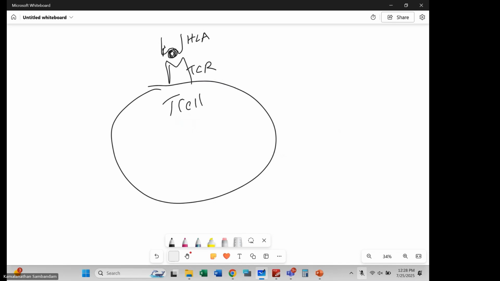I make a decision now as a T cell based on whether or not there is co-stimulation, okay? And if I'm an antigen presenting cell, I have something that interacts with this co-stimulation pathway, okay?